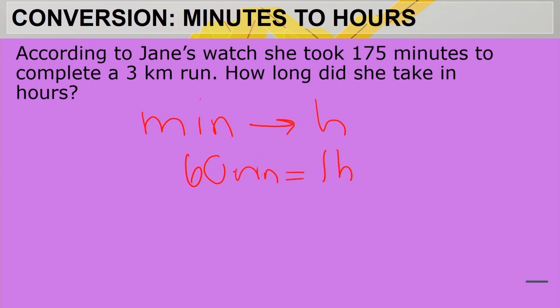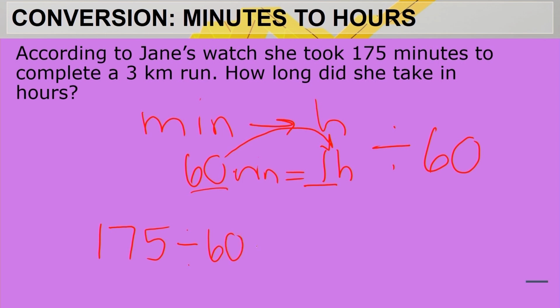If I go from minutes to hours, what is happening? My number is decreasing, therefore I need to divide. What is my factor? My factor is going to be 60. So it's going to be 175 divided by 60, and that is 2.92 hours.